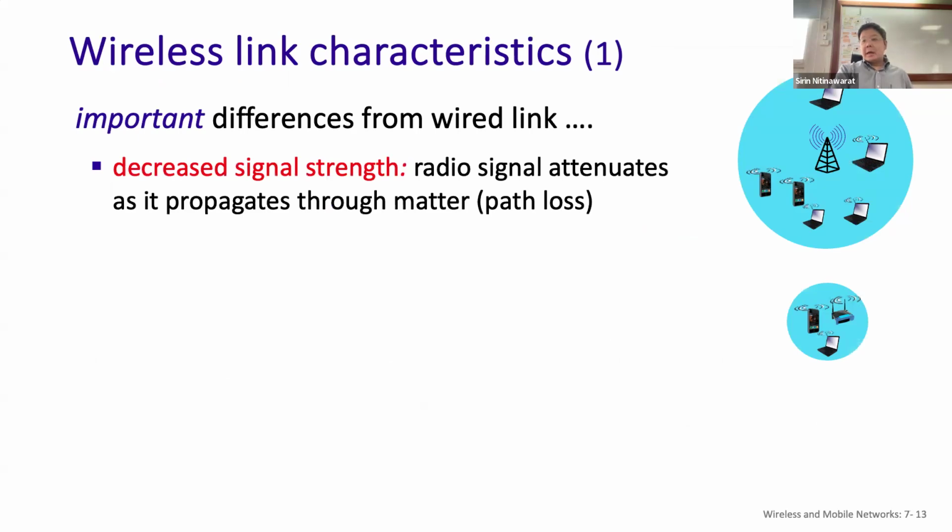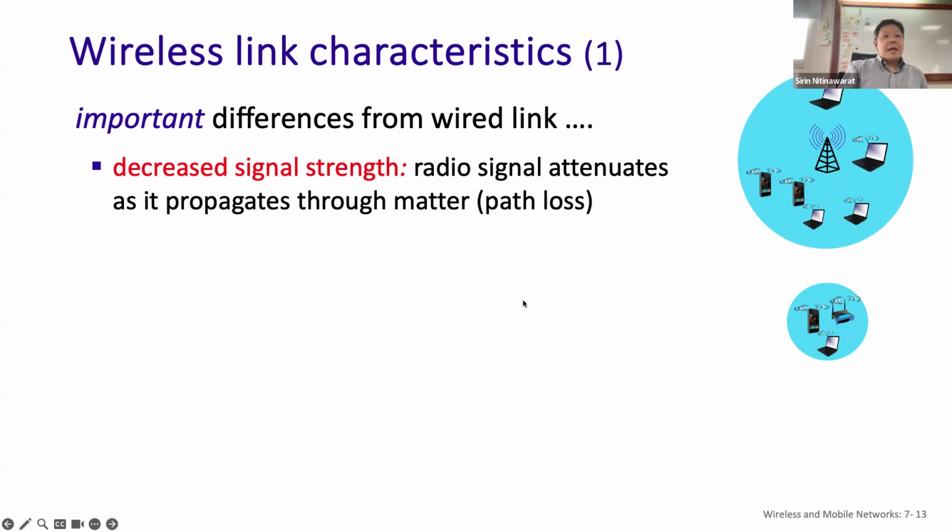One obvious challenge is attenuation, because as you can imagine, if you send a signal over the air, it will attenuate much quicker than when you concentrate your signal through a certain type of wire medium.